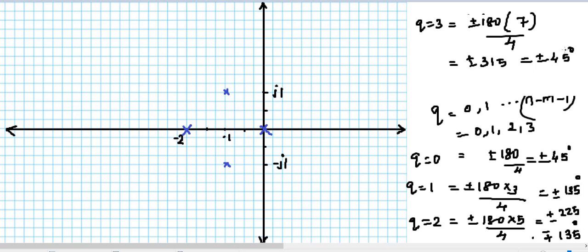Now we have to draw the asymptotes with respect to what? With respect to the centroid. So from this point minus 1, we have to take plus 45 degree and minus 45 degree, and again from the centroid we have to take plus 135 degree and minus 135 degree.